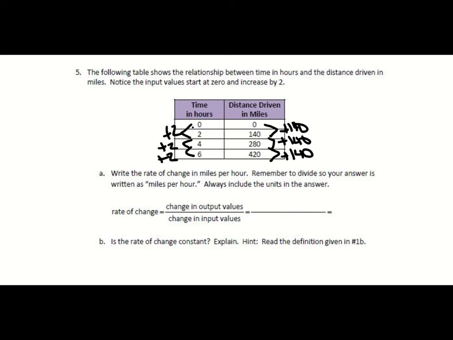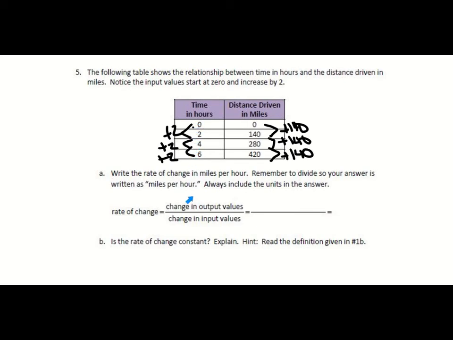It says, write the rate of change in miles per hour. Remember to divide so that your answer is written in miles per hour. Whenever you write rate of change, it has to be per 1 hour, per 1 day, per 1 month. It cannot be per 2 hours, per 2 whatever.